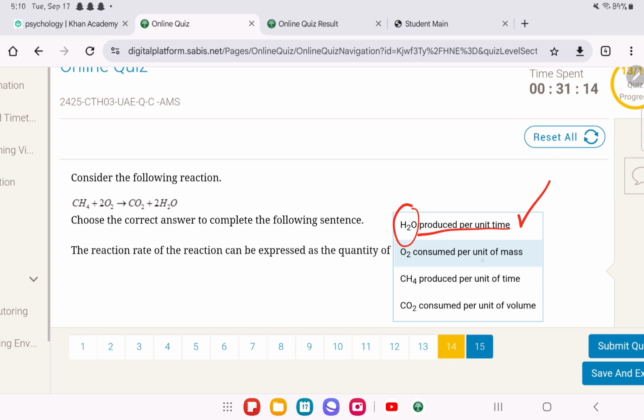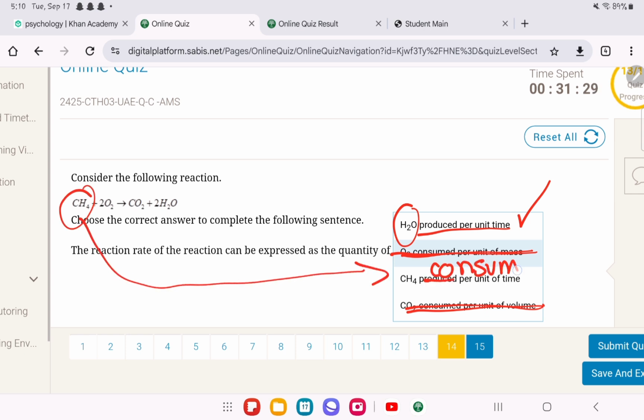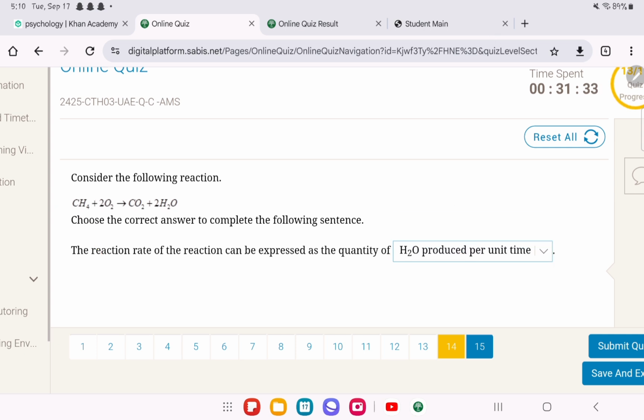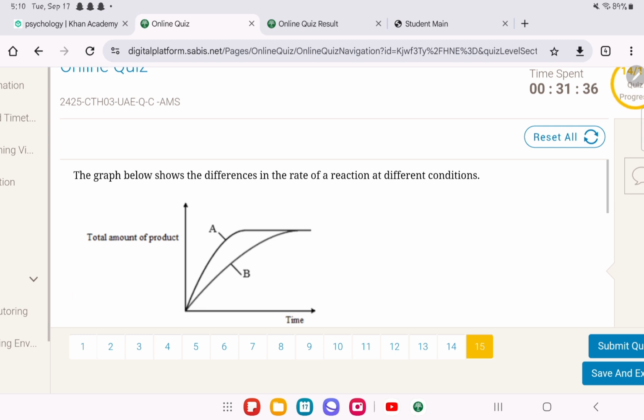O2 consumed per unit of mass, no, we don't use unit of mass and we don't use unit of volume. So the amount of CH4 produced, is it produced or consumed? It is consumed. So the only answer is the amount or the quantity of H2O produced per unit time.